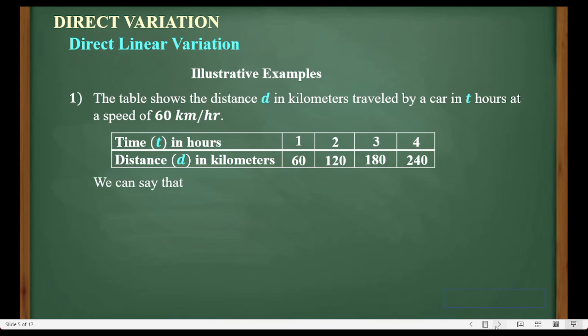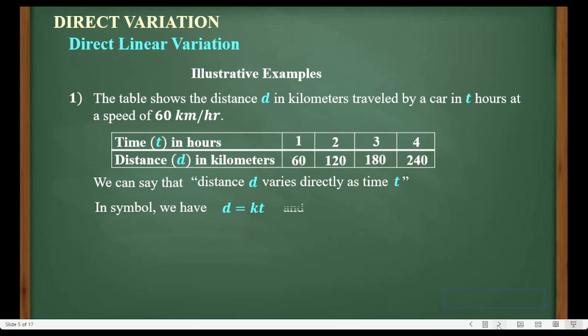So we can say that from this table, the distance d varies directly as the time t. In symbol, that is d is equal to k times t. And k, transforming this equation, solving for k, is equal to d over t.